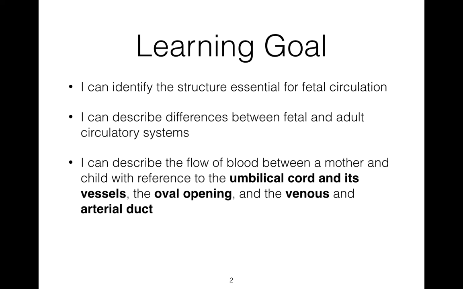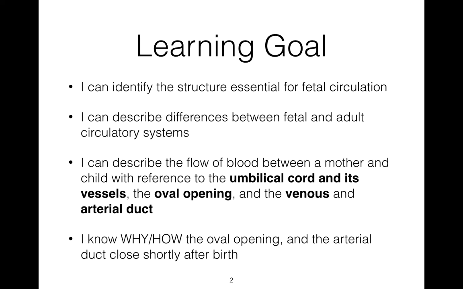However, textbooks, internet, other sources sometimes use the Latin version, which is ductus arteriosus or ductus venosus, which are interchangeable. So you guys need to be prepared to see both and understand what both mean. And then I know how and why the oval opening and the arterial duct close shortly after birth. So it's a really interesting topic.